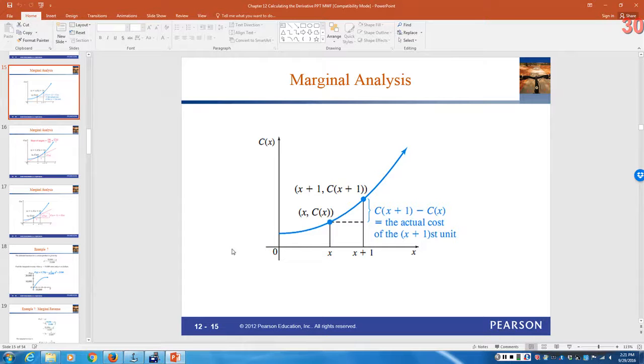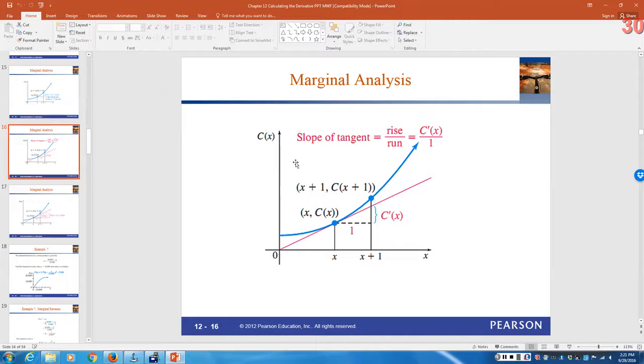What marginal analysis does is it lets you determine the cost of producing the next item. So if you find the marginal cost of the 100th item, then you've found the rate of change at the 100th item, which tells you how much it's going to cost to produce the 101st item. That's really what it is.